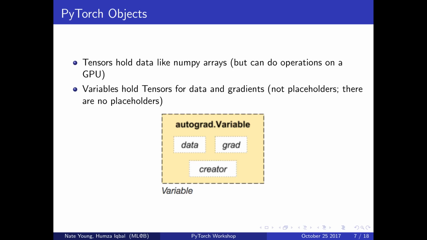Because PyTorch is define-by-run, it needs to build that graph dynamically. The way it does it is that the creator is a field in the same object that holds the data, and that defines the graph. So if you have your graph here, and maybe this is a matrix multiply operation, you are going to be building out this graph.